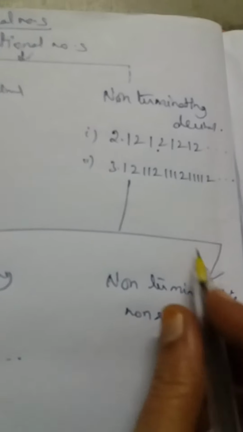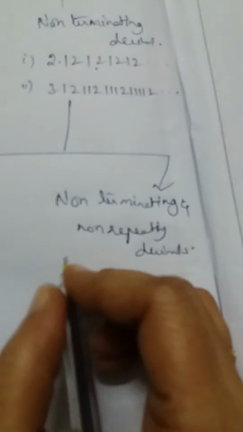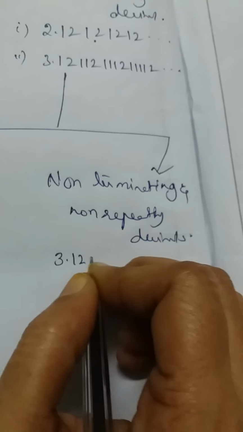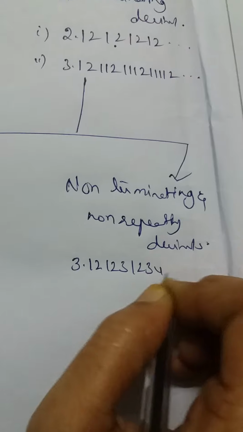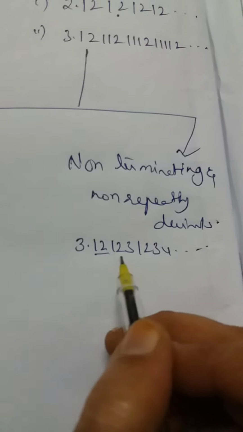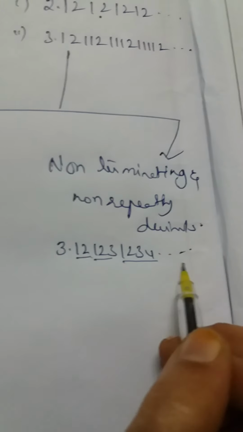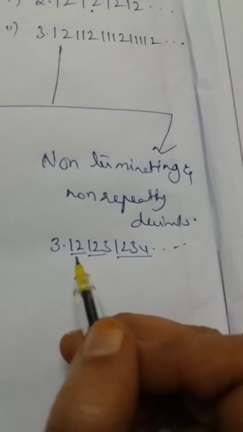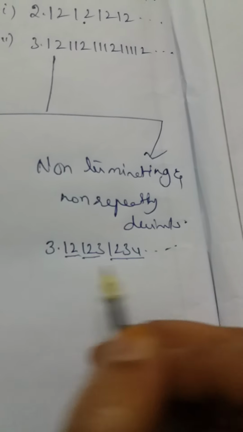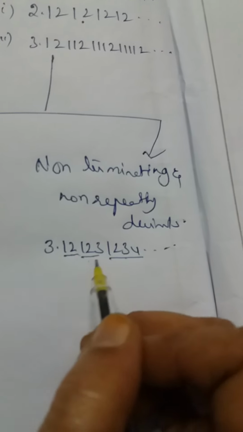Now what is a non-terminating and non-repeating decimal? It is something like 3.121231231234 and so on. You observe in the decimal part, it is 12, 123, 1234 and so on. It is repeating, but not in the same way; it is repeating in different decimals.